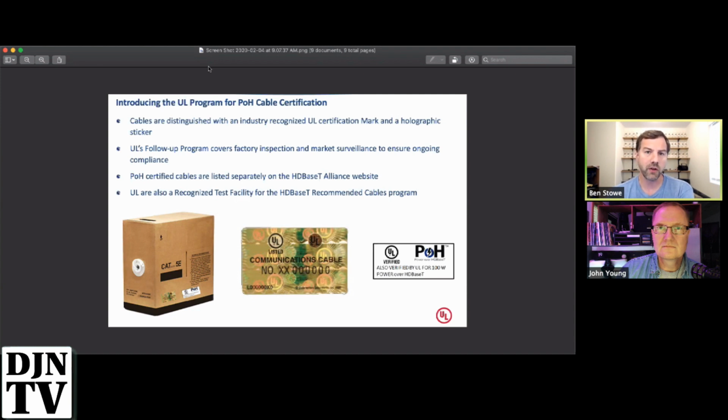Volume is the name of the game, and our ability to buy millions of feet of wire helps us be competitive. So absolutely. In fact, sometimes, particularly when it gets to a really common cable like a Cat cable, we'll have remnants. Our guys will be at the end of a box, and they'll have 70 feet left. Now we could keep that and say, well, the next time we need a 70-foot run, but time is money.